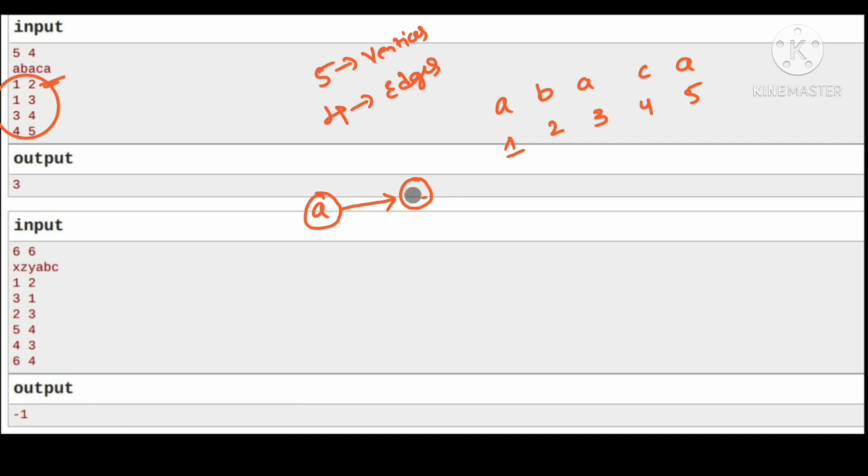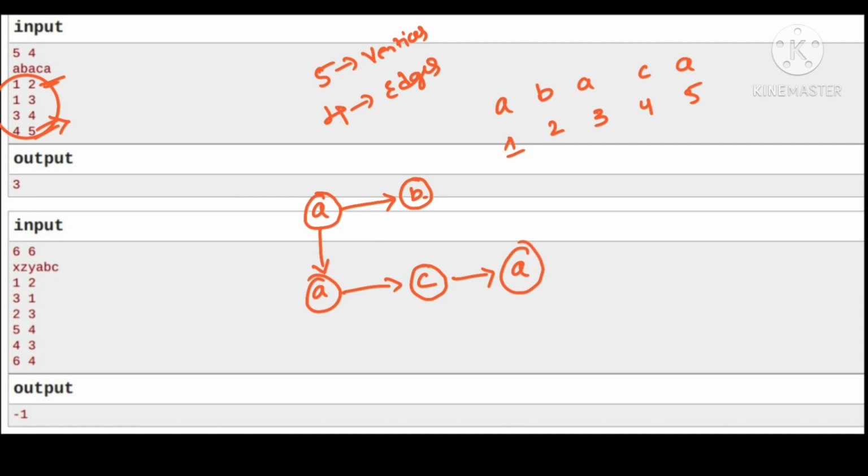So A goes to 2, which is B, and next, A is directly connected to 3, which is again A. And 3 is connected to 4, which is C, and 4 is directly connected to 5, which is A. So C is directly connected to A.